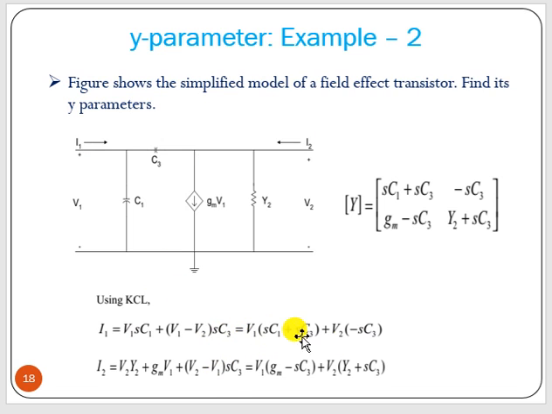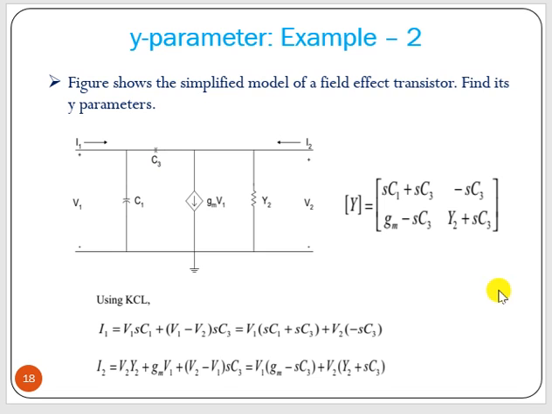We can now rearrange that in terms of V1 and V2. For I2 also we can write V2 into Y2, the admittance value. And for SC1 and SC3, Xc is 1 by SC1, or Xc is 1 by SC3 for C3.